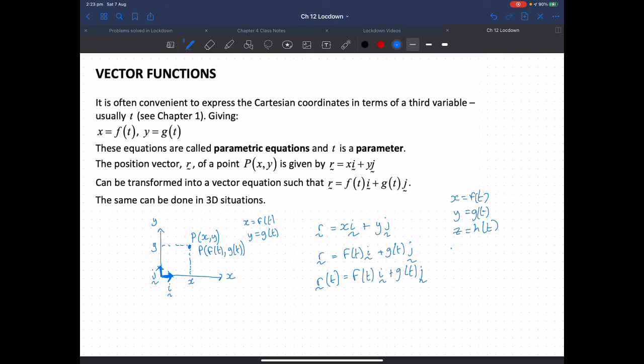So the position vector there would be a function of time in the i direction plus a function of time in the j direction plus a function of time in the k direction. Remembering k was the 3rd dimension we have used earlier on in the year.